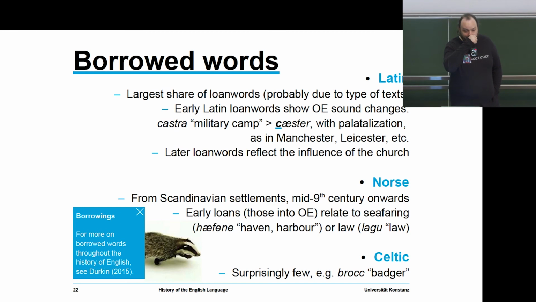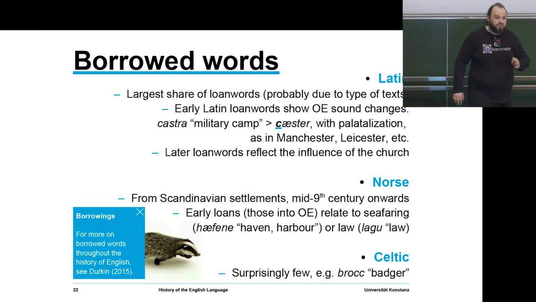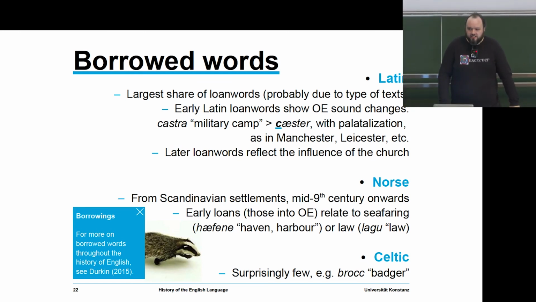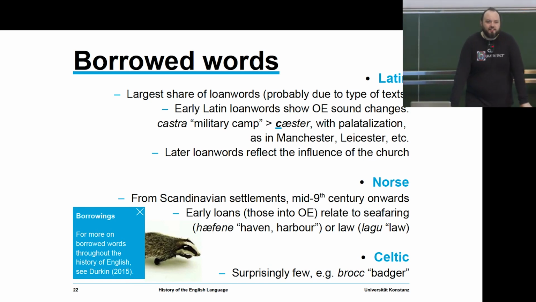And all of these words, this Chester has undergone palatalization. If it hadn't undergone palatalization, you would expect to see Castor. And actually you do in some place names. So if you look further north in England, you find place names like Lancaster.